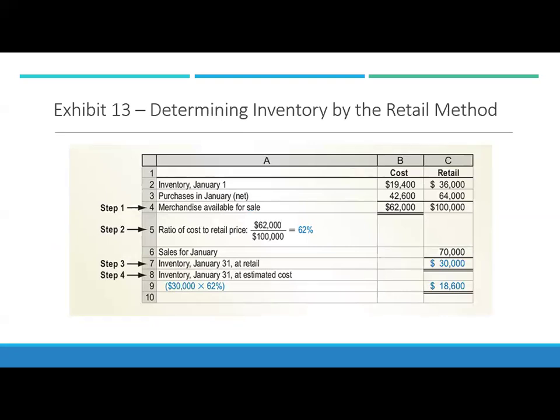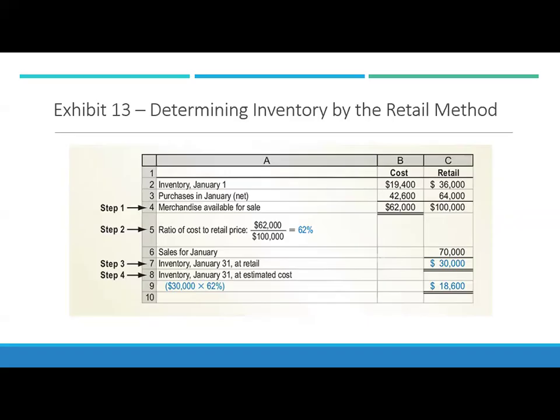Then we divide the cost by the retail, and we get a ratio of cost to retail. So in this example, we had inventory at the beginning of the period of 19,400. We purchased 42,600 in inventory. The retail price of this inventory, or the sticker price, or whatever it's going to be sold for, was $100,000. And so our ratio was 62%.